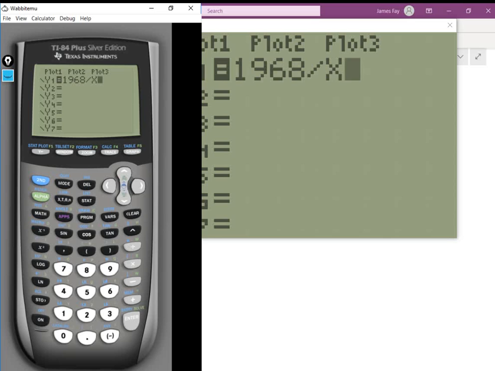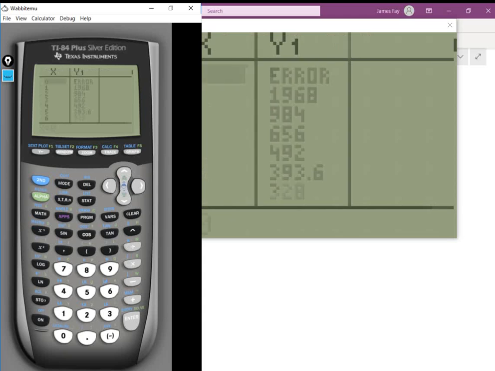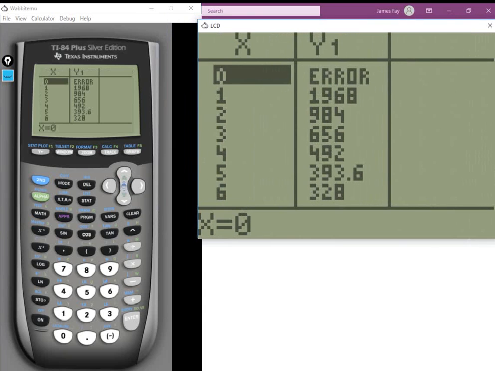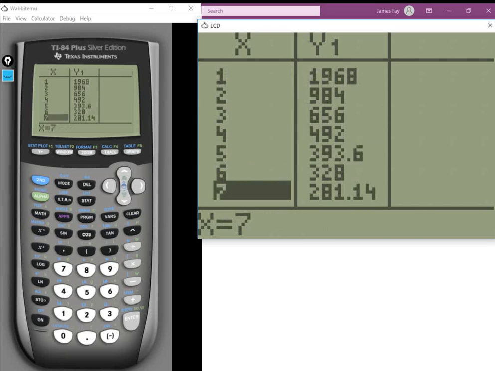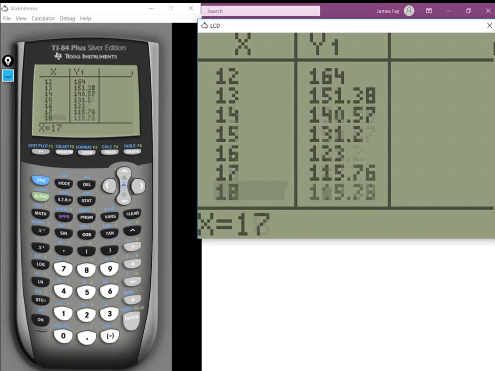Then I'm going to go over here where it says table. I'm going to hit the second key right here, and then go to table. And now it will give me 2 factors of 1968 each time. And I'm going to basically scroll through here, adding the guess.